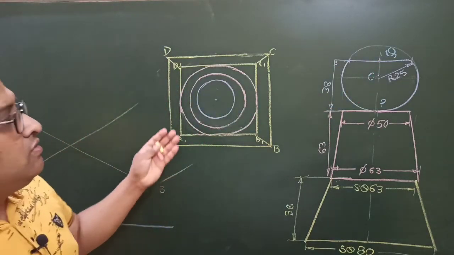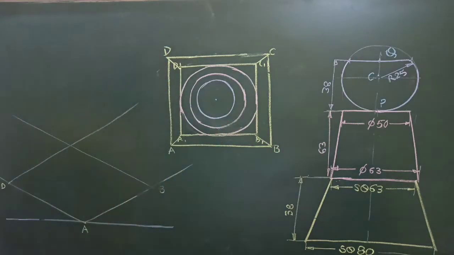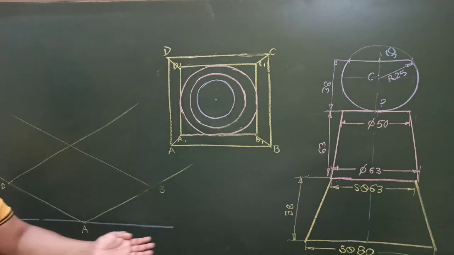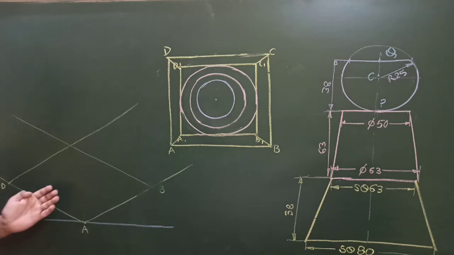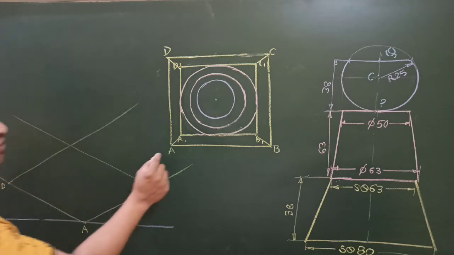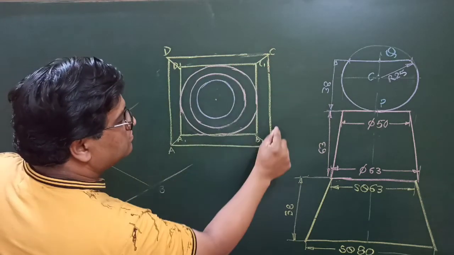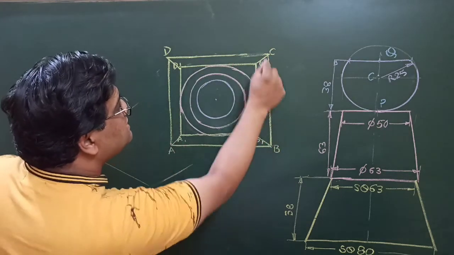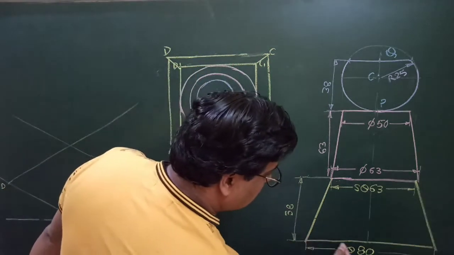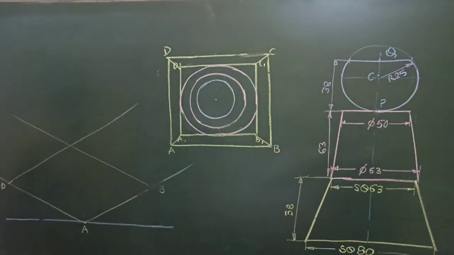Now we have to draw the isometric projection of this solid. As we have already discussed the methodology, initially I have drawn a horizontal line, then the lowermost bottom surface, that is ABCD, which is this 80 mm square, that we have taken here by multiplying with the multiplying factor, that is 0.815, or you can take 0.82.